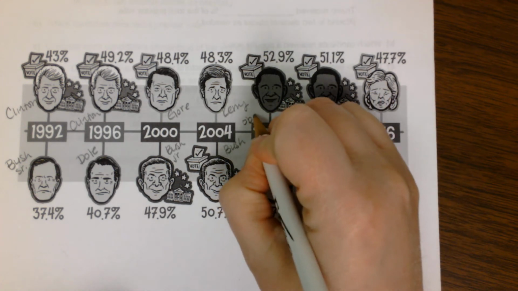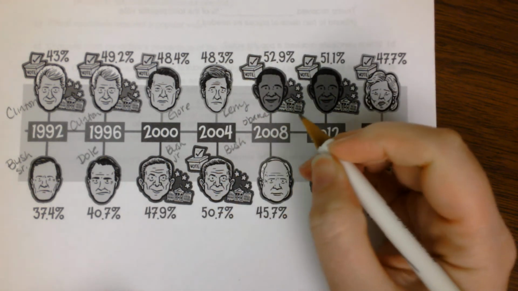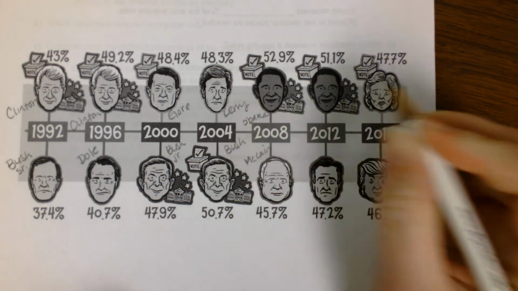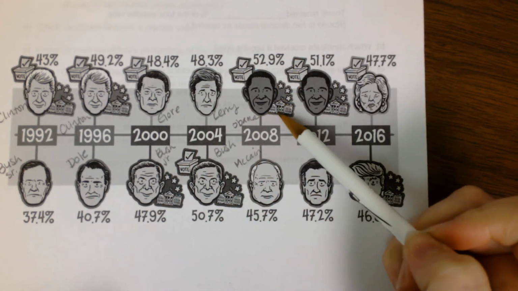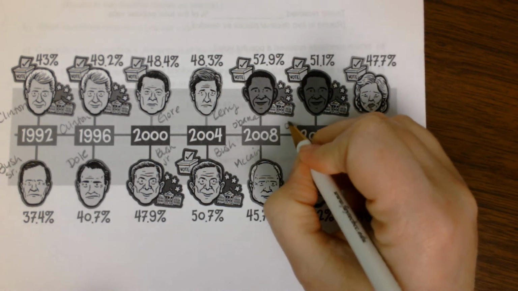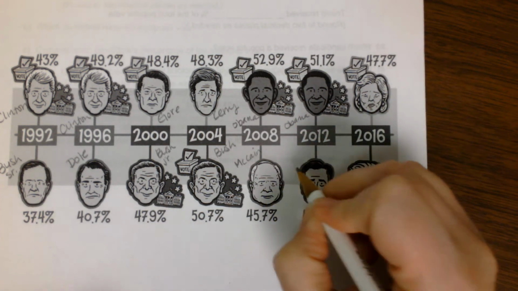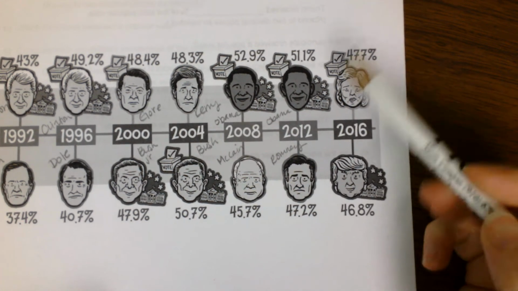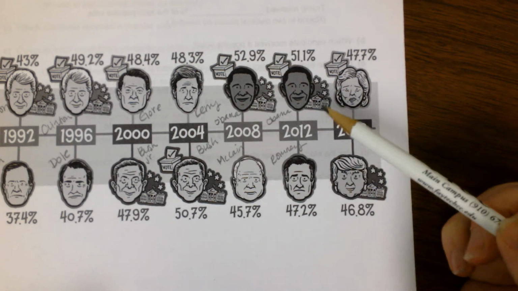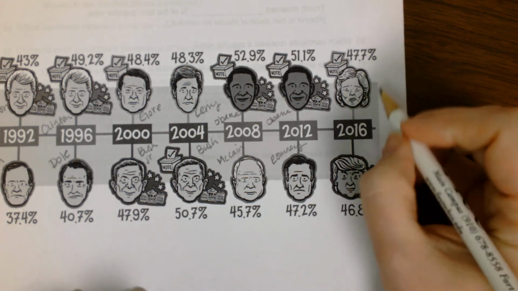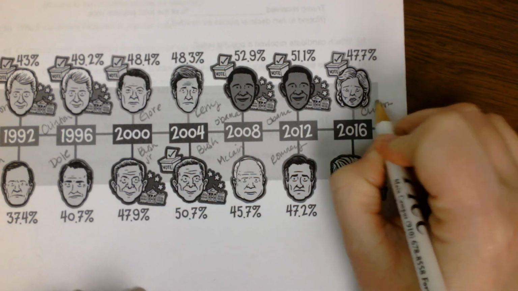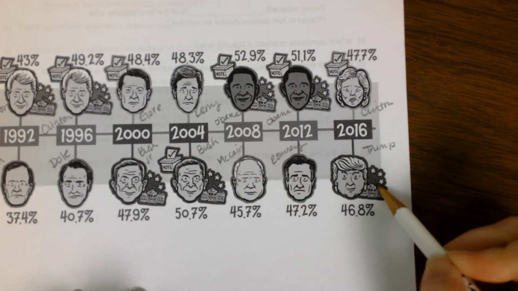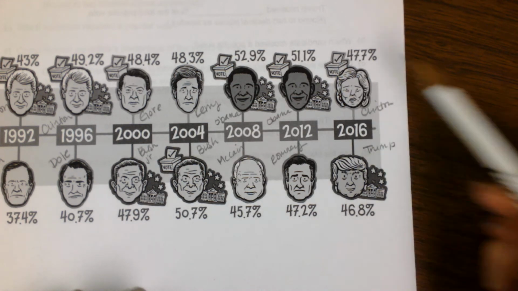And then we have Obama and McCain in 2008. Obama won both the popular and the presidency. Obama ran again, this time against Romney. And again, Obama won the popular and the presidency. 2016, we had Clinton versus Trump. Of course, Trump won the presidency, but Clinton won the popular vote.